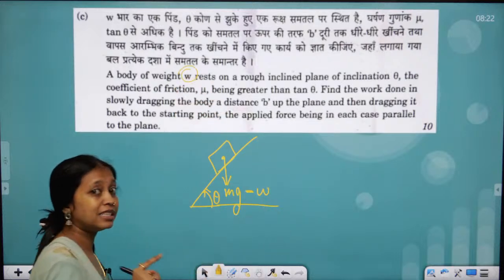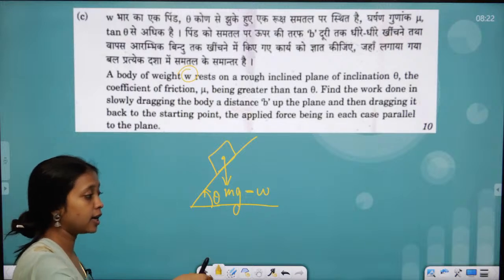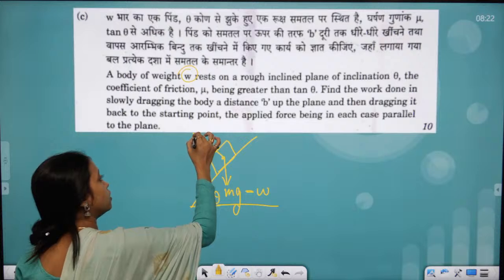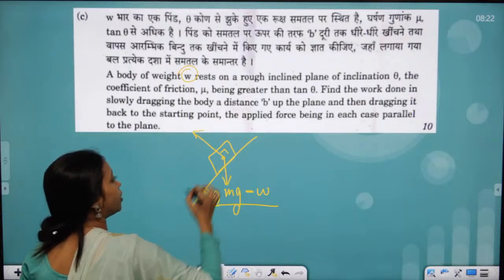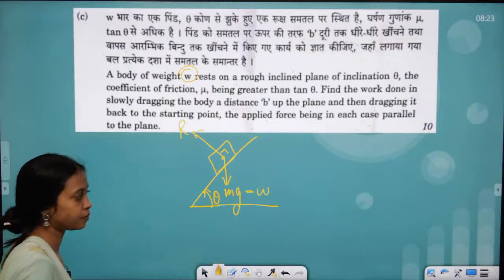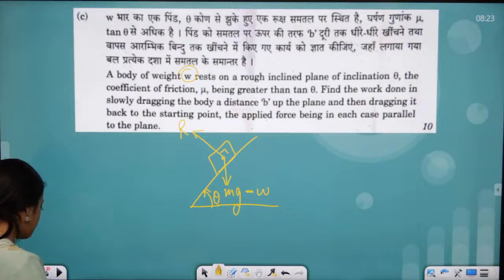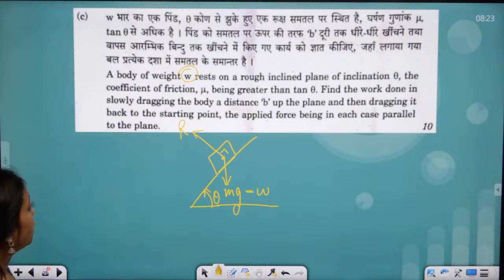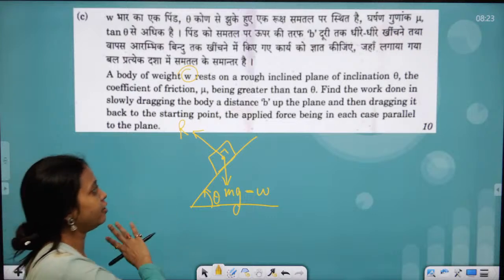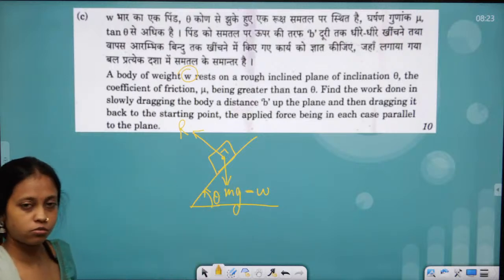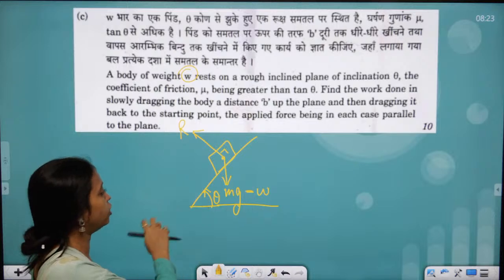One is the reaction R, acting in the perpendicular direction. These are the forces already acting on the body, even if I am making no motion.